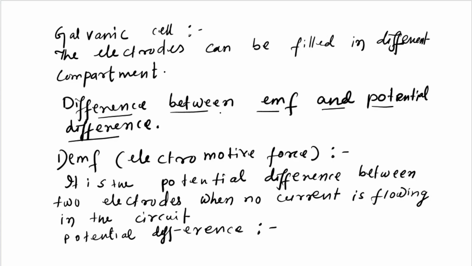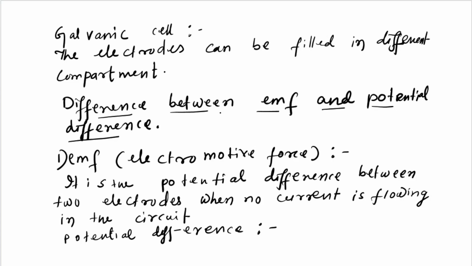Each one is called a half cell: one is cathode half cell, another is anode half cell. Anode is left side, cathode is the right side. These are the main important differences between electrolytic cell and galvanic cell. In galvanic cell, electric energy is produced. In electrolytic cell, electrical energy is used.